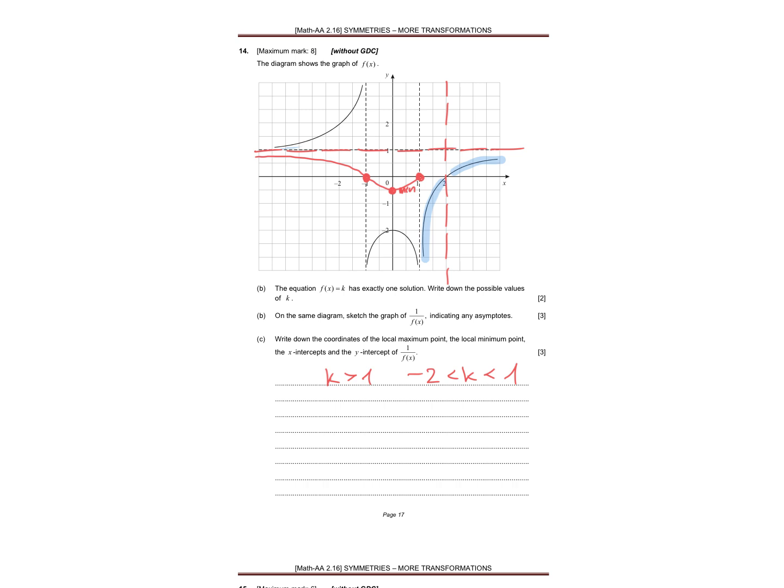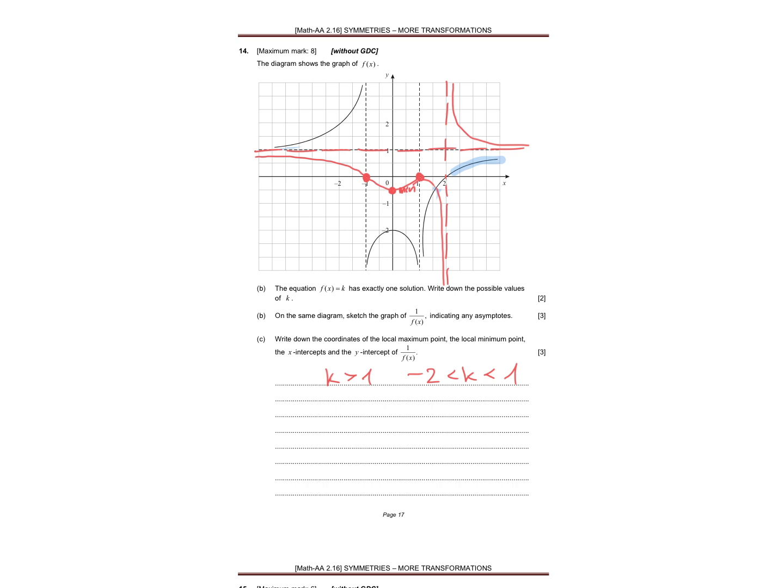And it needs to be negative there as well, and approach the vertical asymptote. So something like that. Let me erase this bit. Okay. And then after that, it's positive. So something like this.